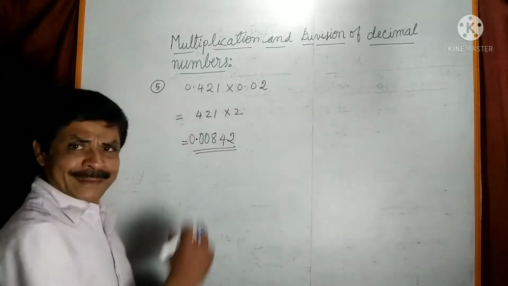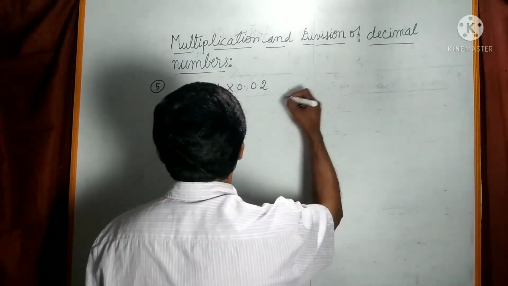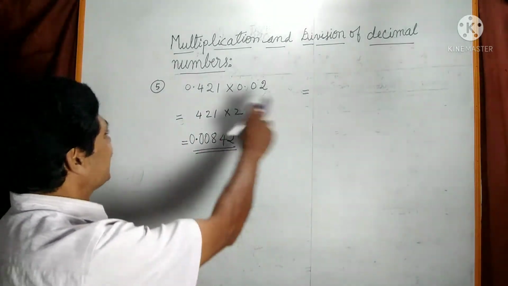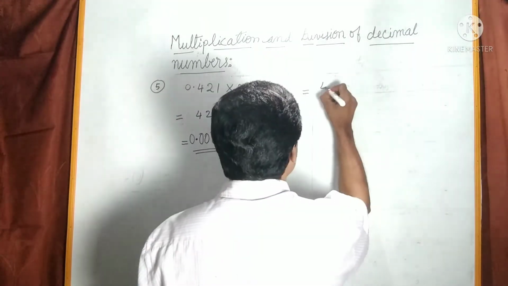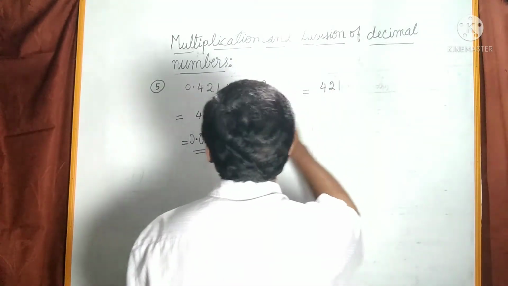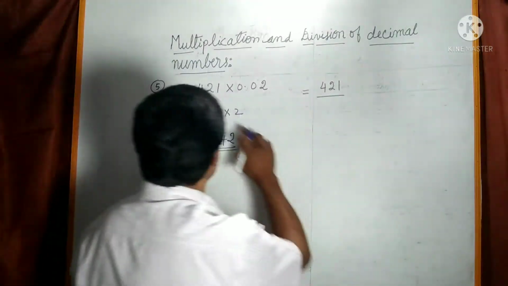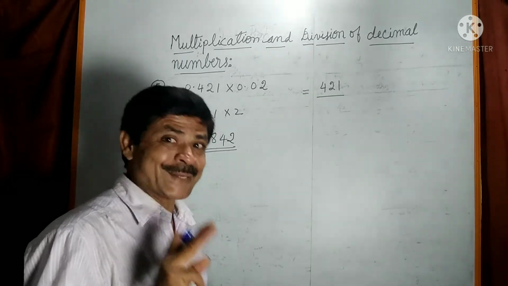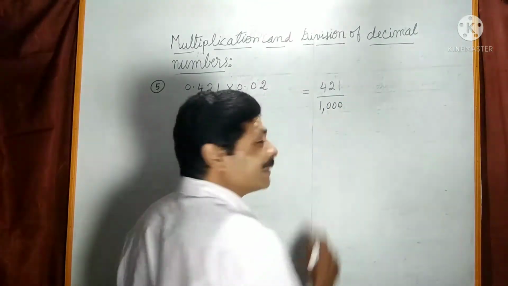And we will write in fraction form also. And we will solve this. This is equal to, we will write this in fraction form. 421, means we have removed the decimal point, divided by 1, 2, 3. 3 digits means in the denominator 3 zeros. 1, 2, 3 zeros.